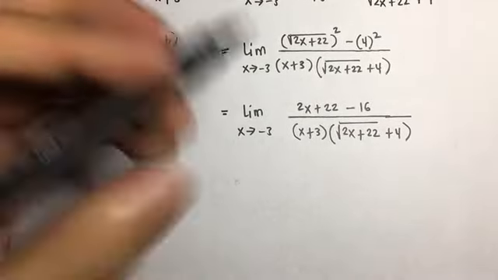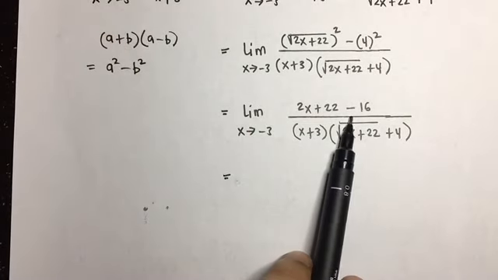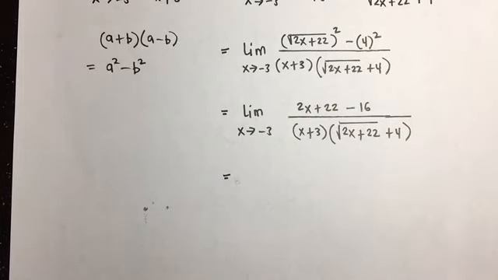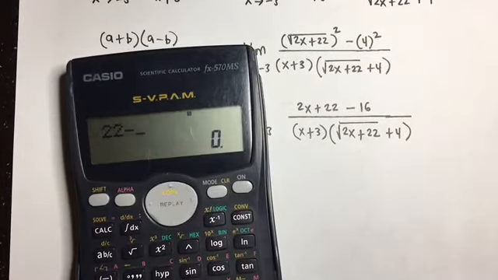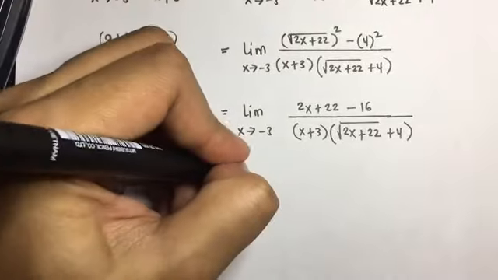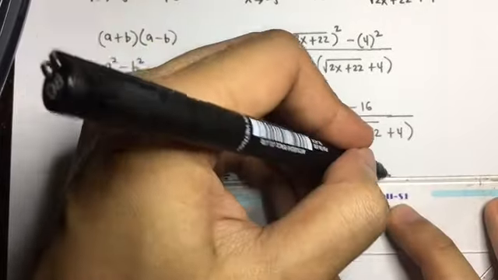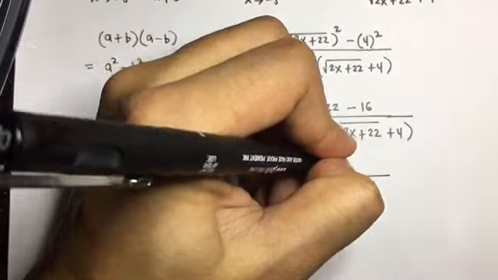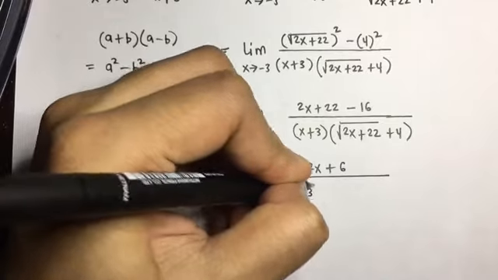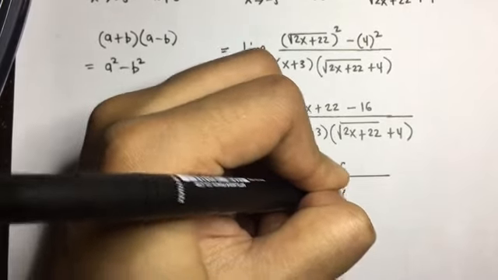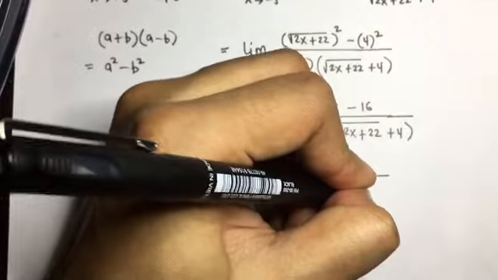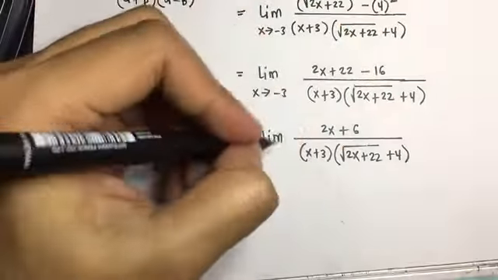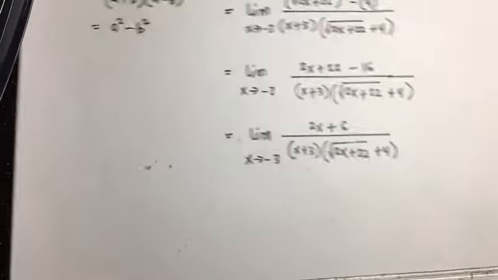Next is simplifying: 22 minus 16 is 6. So the limit becomes 2x plus 6 over x plus 3 times square root of 2x plus 22 plus 4, as x approaches negative 3.